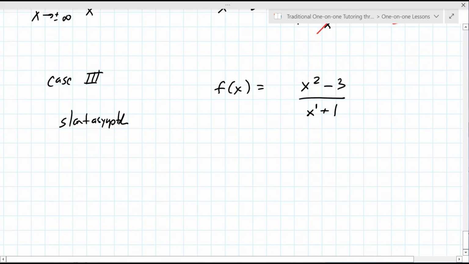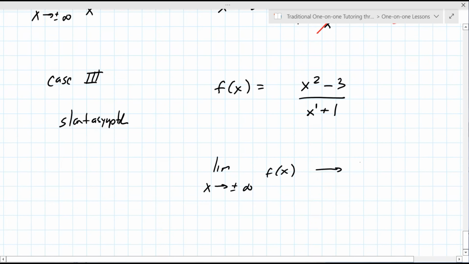You are supposed to divide by the highest degree power. Generally in these problems, the limit as x goes to plus or minus infinity of f of x always goes to plus or minus infinity, because the graphs either shoot up in one direction or the other, from the slant asymptote, whichever it ends up being.